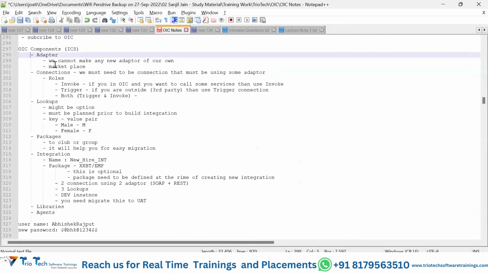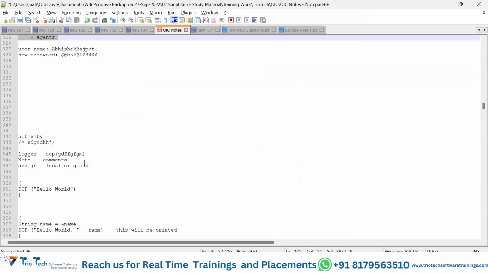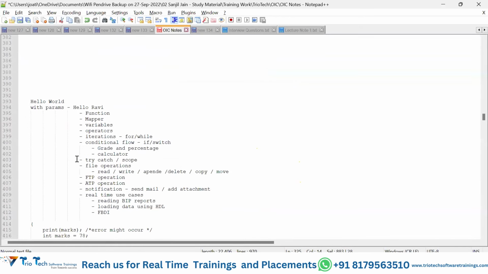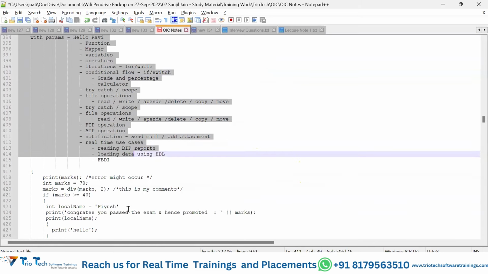If we are learning any technology that has certain components, we will be providing you complete access to an OIC instance. We will be discussing and correlating, starting with Hello World through an OIC integration, then Hello World with parameters, functions, all these things.